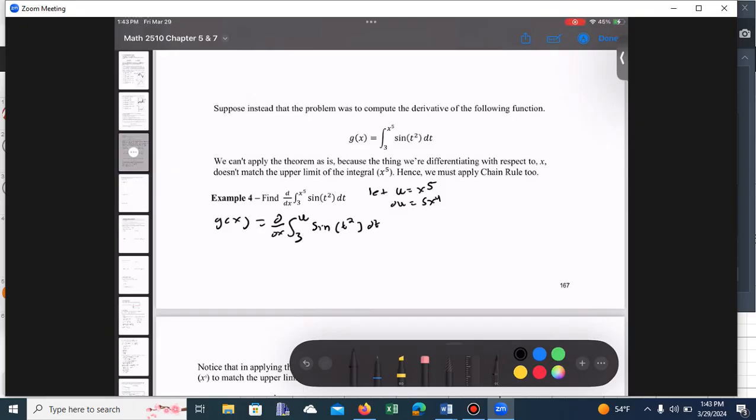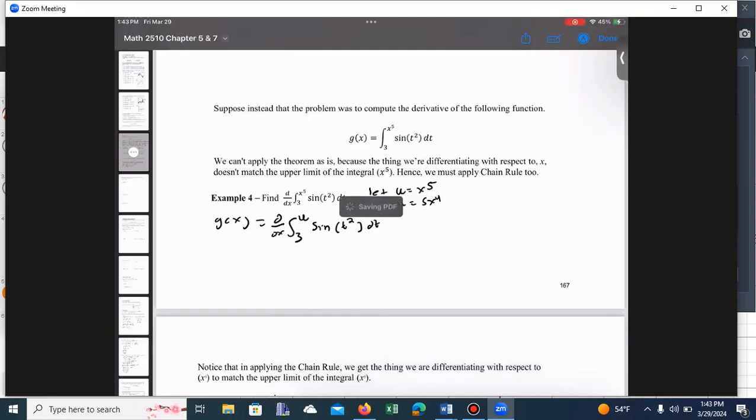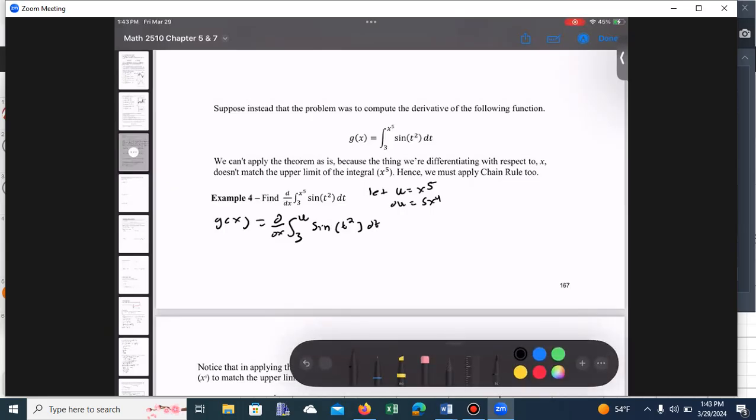All right, so we're going to take this as is, and so g prime equals sine of u squared.